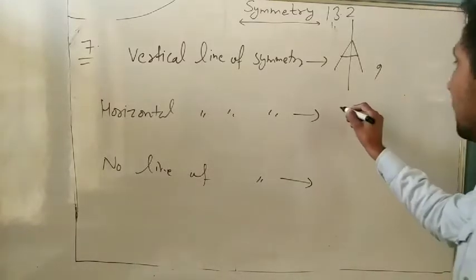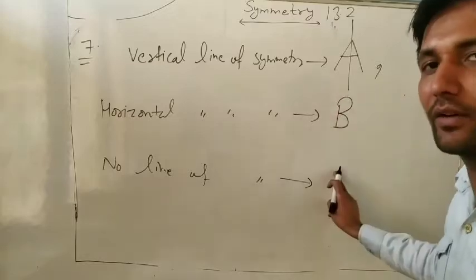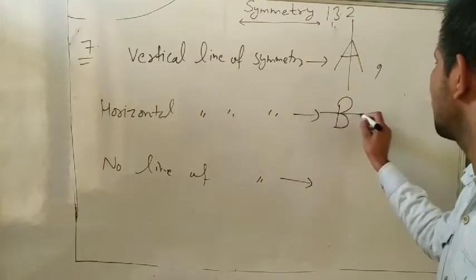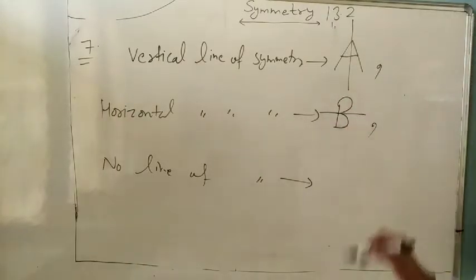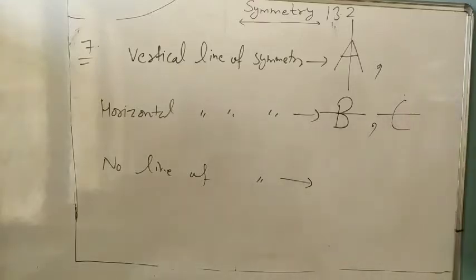In B, so we will check every alphabet. In B, is vertical a line of symmetry? No, only horizontal. Next, in C, tell me. In C also horizontal. Next is D. D is also horizontal, no vertical line.